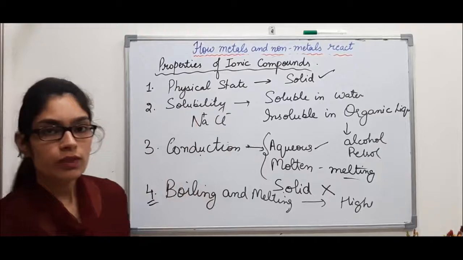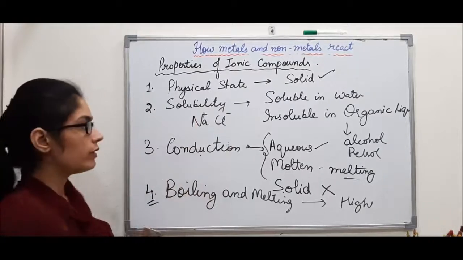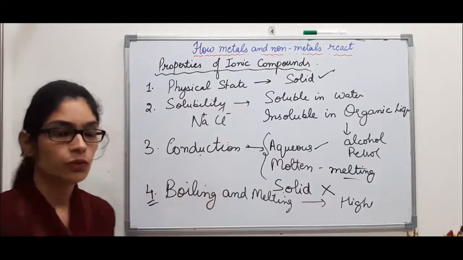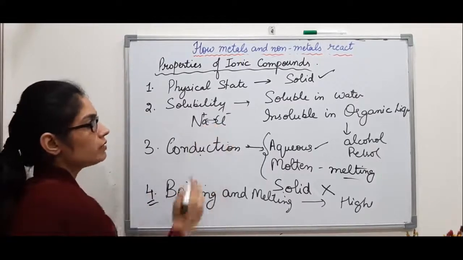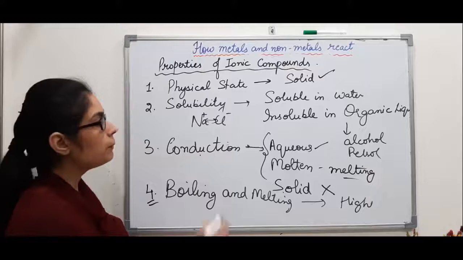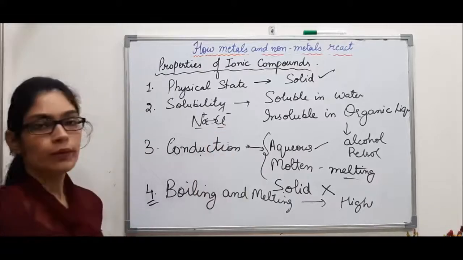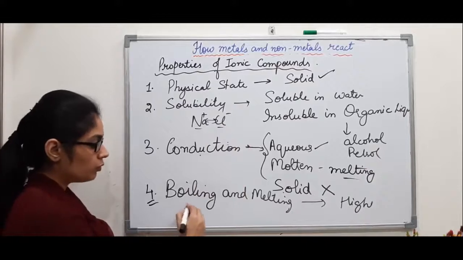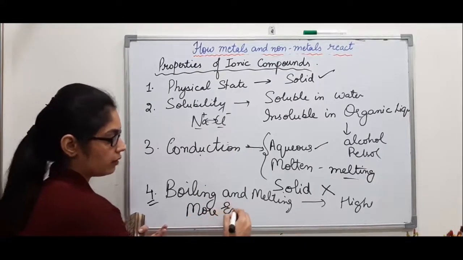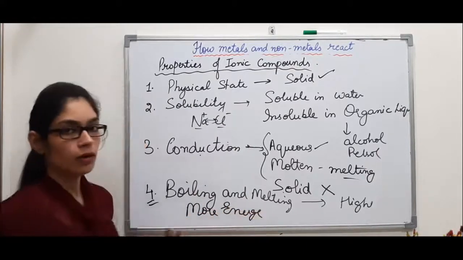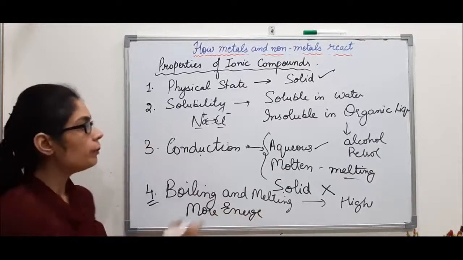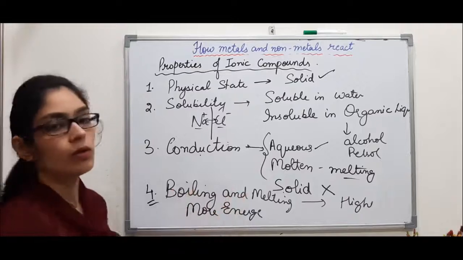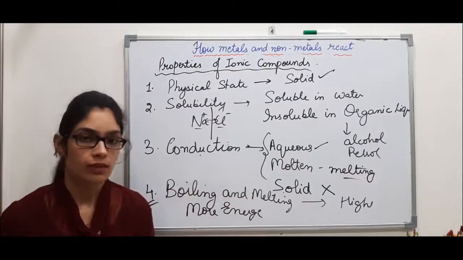They are attracted to each other with electrostatic force of attraction, and this electrostatic force is the strongest force, which makes a strong bond between sodium and chlorine. So in order to break that strong bond, more force or more energy is required. A lot of energy is required to break this bond, due to which melting and boiling points of ionic compounds are generally high.